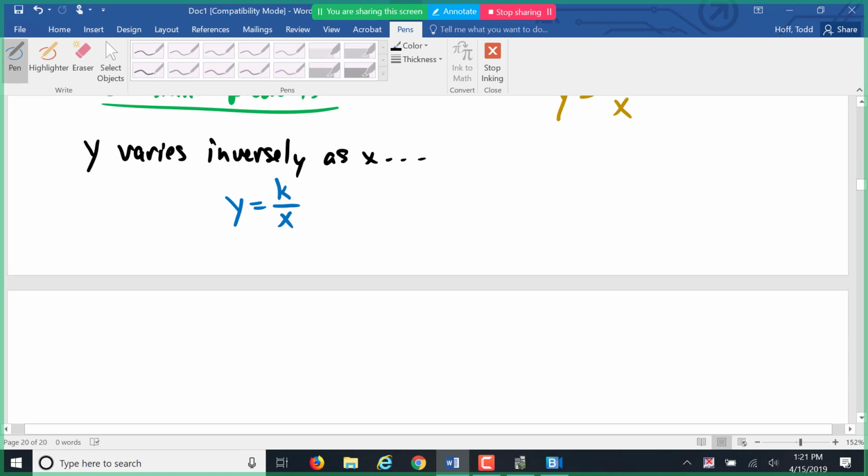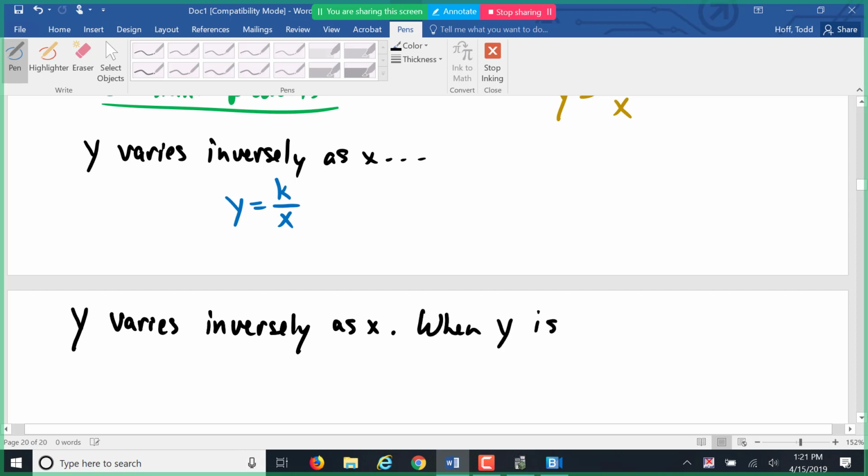Well, just like last time, there can be more to it. Y varies inversely as x when y is 8, x is 6.